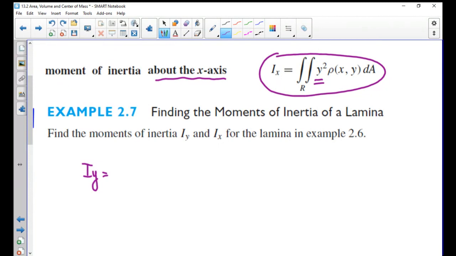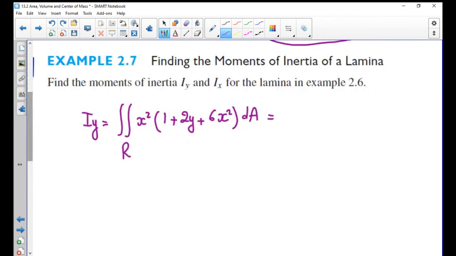So it's going to be the integral over R of x squared multiplied by the density. What was the density? 1 plus 2y plus 6x squared dA, like this. And then of course we said this integral is just the integral with respect to y from x squared to 4.